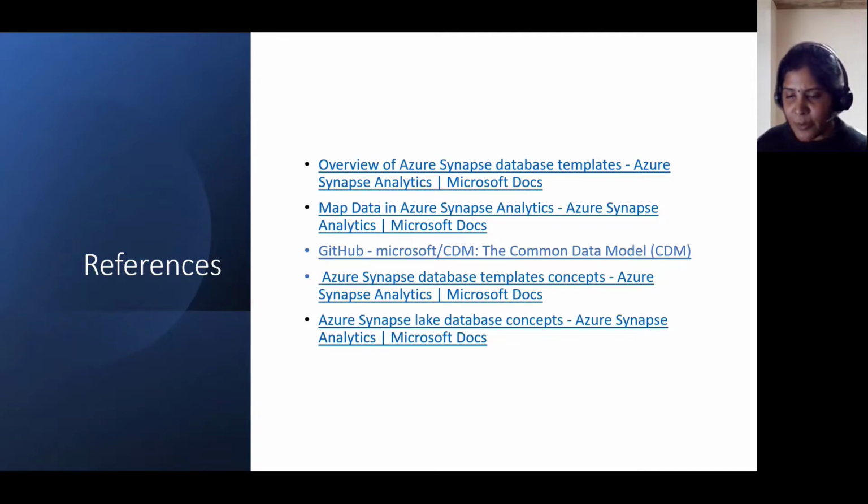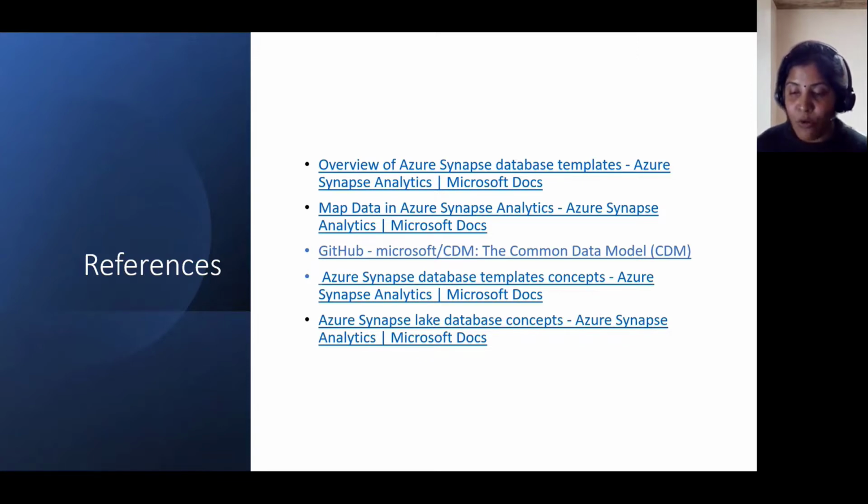The lake database is typically like any other database you provision as part of your Synapse Analytics. The only difference here is you are taking the industry specific entities, importing them, and then getting the data imported from your different data stores. After that, it is typically a data store sitting in your Synapse Analytics.